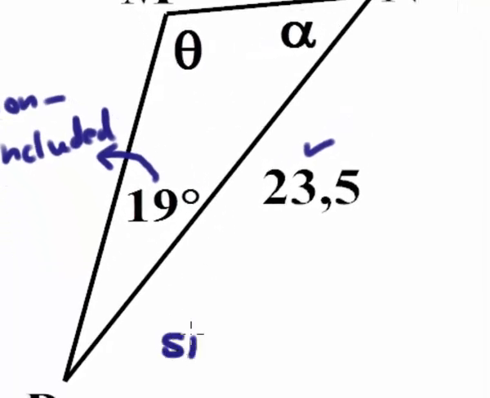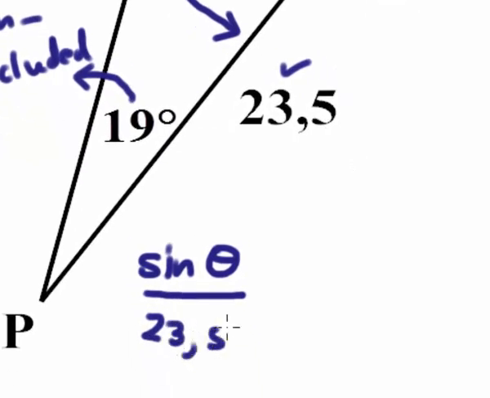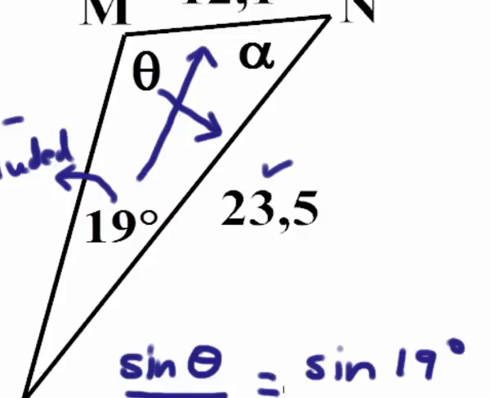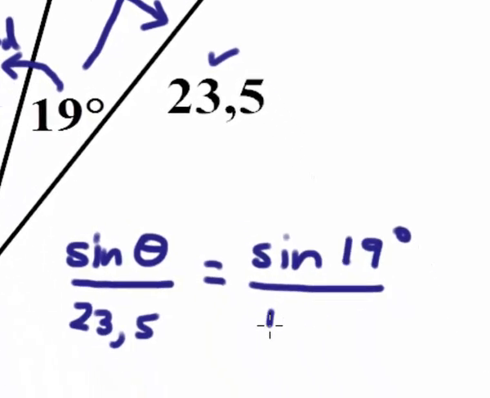The sine of angle theta divided by its opposite side, which is 23,5, is equal to, now what is the known angle? It's 19 degrees. And what is its opposite side? Well, very simply put, that is going to be 12,1.